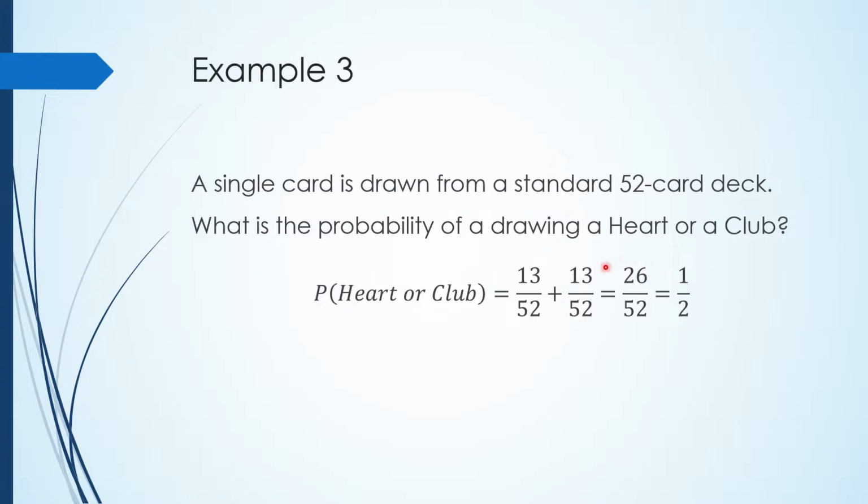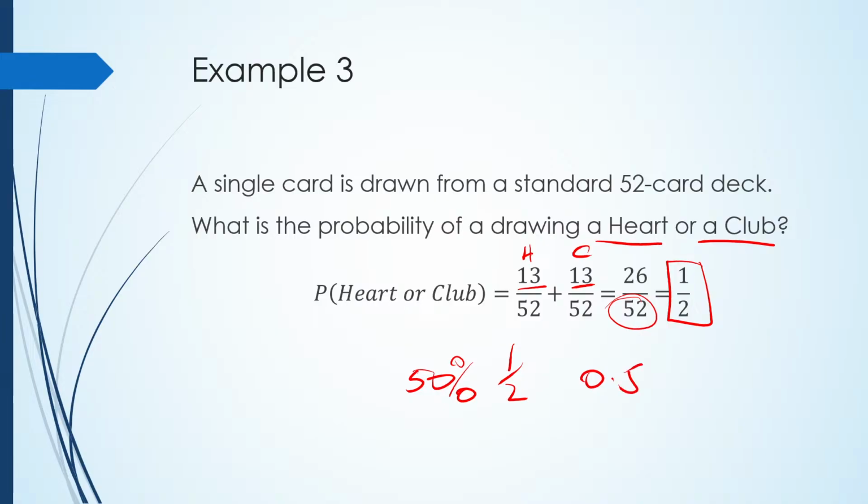Remember, the success is getting a heart or getting a club. There are 52 cards in the deck, so 26 over 52, and that is a half. So there's a probability of 50%, a half, or 0.5 of pulling a club or a heart from the deck.